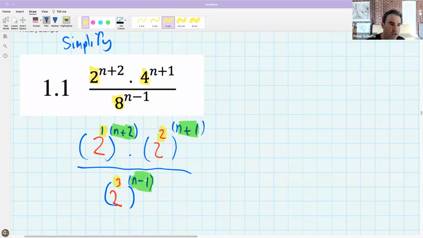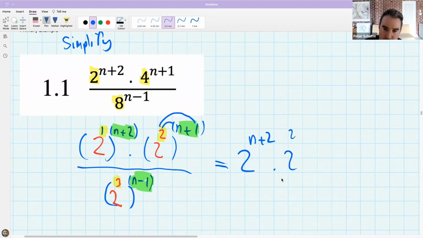But what students forget is when we are multiplying, the first one is easy. You write down the base, and 1 times anything is still n plus 2. But for this next one, the 2 gets multiplied by the n, and the 2 gets multiplied by the 1. And so we get 2n plus 2.